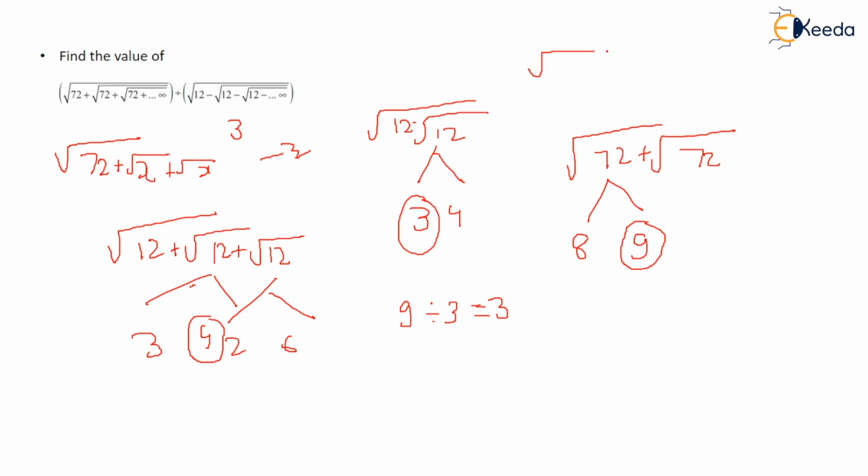Suppose I give you root 56 plus root 56 plus root 56, so what will be the answer? You have to choose numbers whose difference should be 1. So 7 and 8, and the plus sign is there, so you will take 8 as the value. Okay, so this is how you need to solve such types of questions.